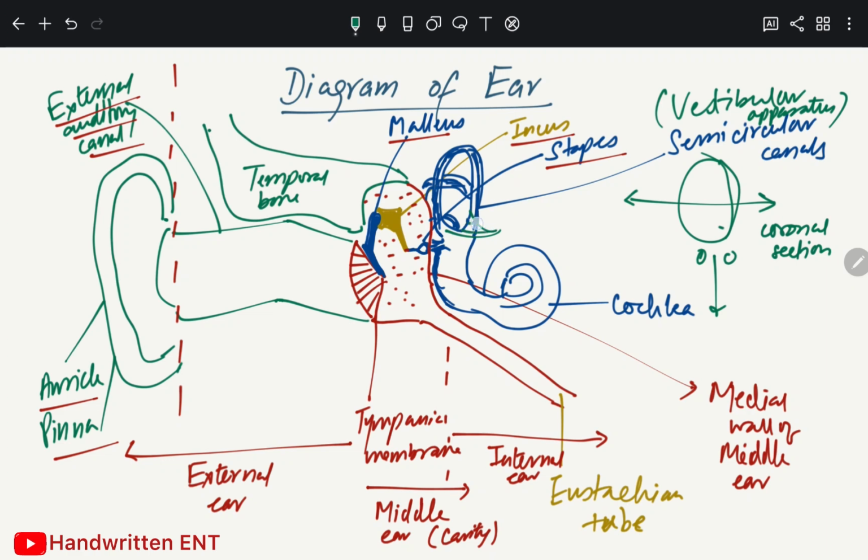From here we find the vestibular nerve, and from the cochlea there is a cochlear nerve, which together form the vestibulocochlear nerve.